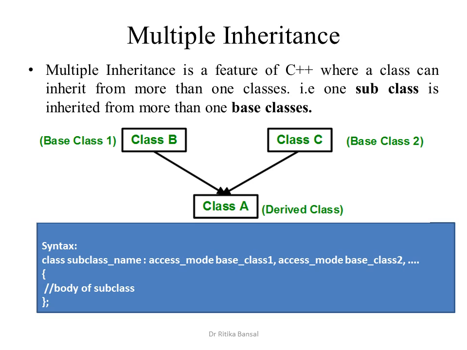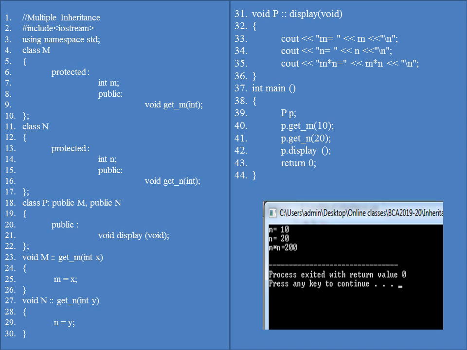When we define class A colon, suppose we want to inherit class B in public mode, public B, and class C in private mode, comma private C. It means I give the modes as well as the classes, separated through the comma operator, and then define the body of the subclass. Let's try to understand this example of multiple inheritance.